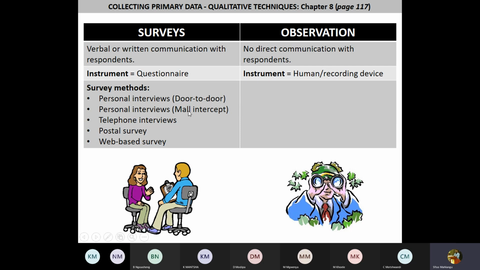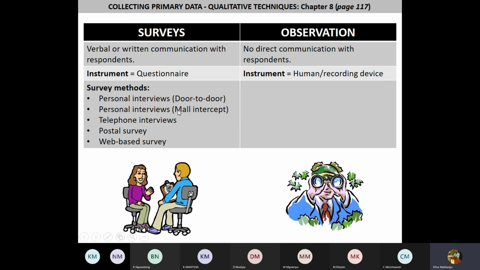If they are intercepted in the office, which is an executive intercept, you can still call it an office intercept, or you can intercept them at bus stations or train stations.